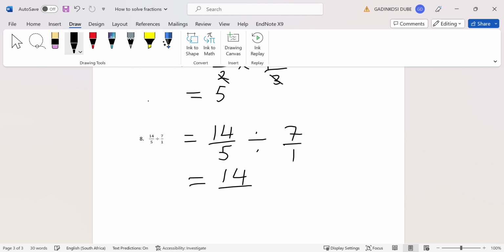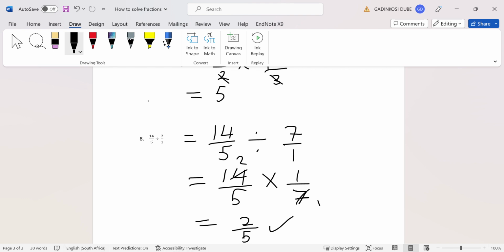So here you've got 14 over 5. Instead of division, you multiply by its reciprocal, 1 over 7. Then this one goes once, and this one goes twice. 2 times 1 is 2, so it's 2 over 5. Now that's your answer, 2 over 5.